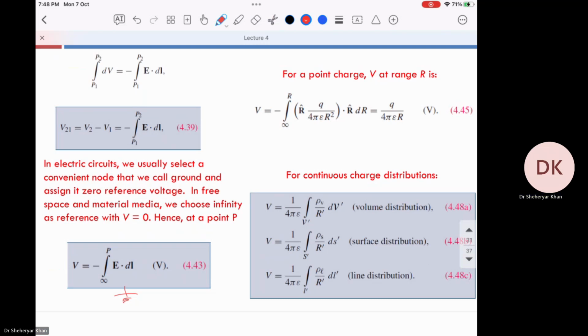Neutral, right? It's very, very far. So the potential is 1 over infinity, which is 0, right?